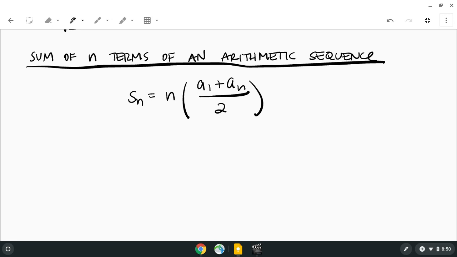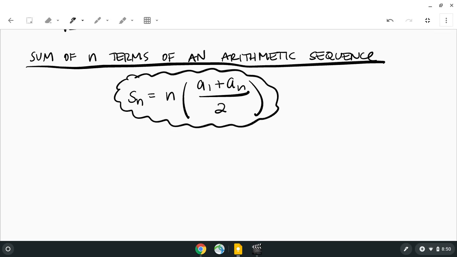And this one will always work. If you only memorize this one, you're fine. Let's take a look at a few things here. If you're not given A1, you can easily find it by plugging into the AN formula.